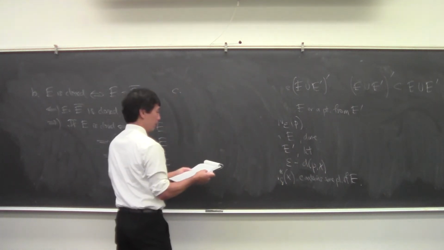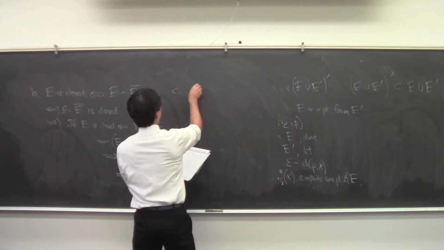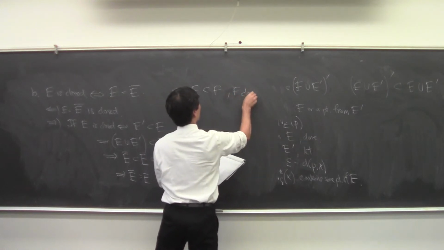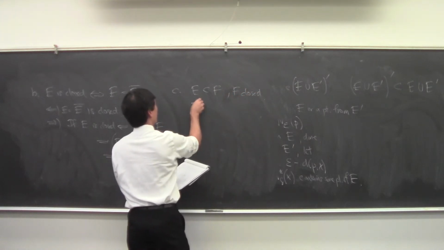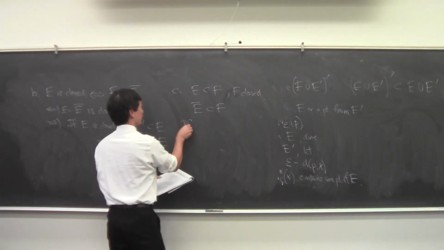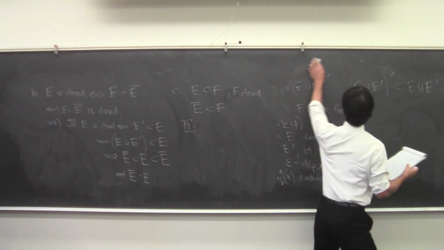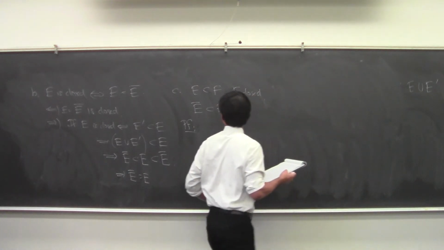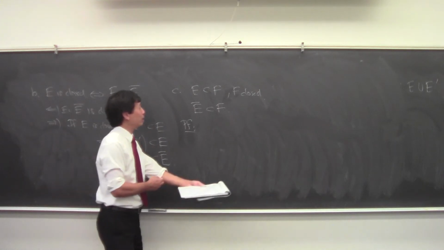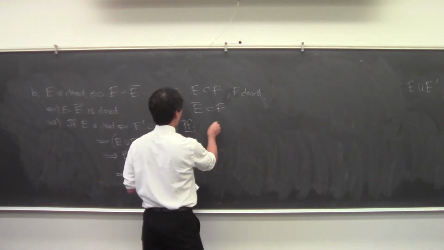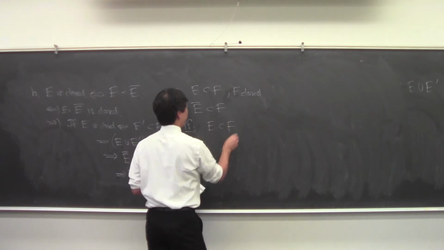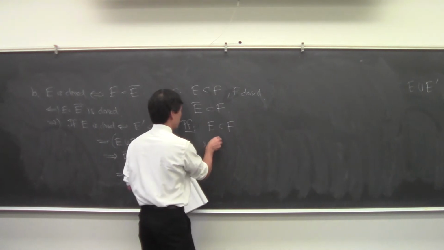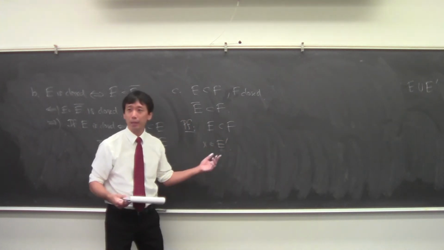The last one: if E is contained in F and F is closed, then E bar is contained in F. Look, E is contained in F. So if X is in E prime, what does that mean?